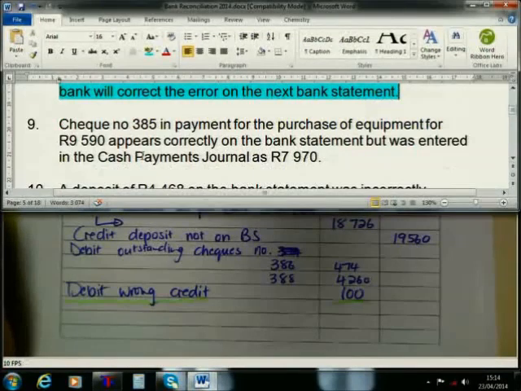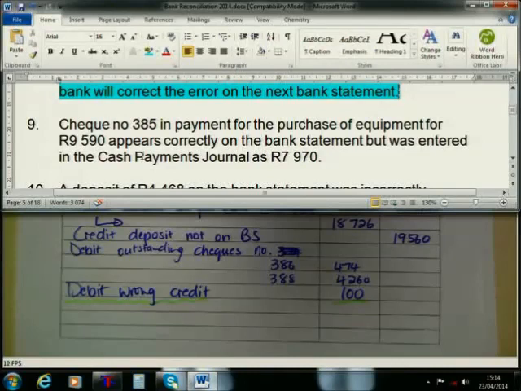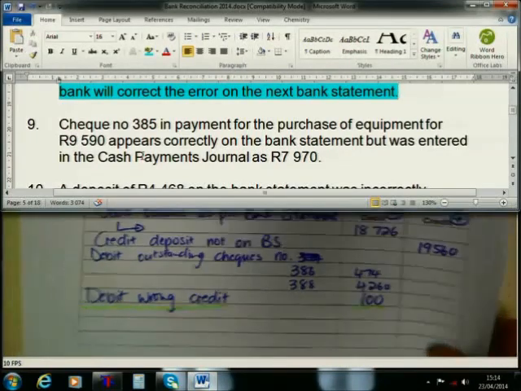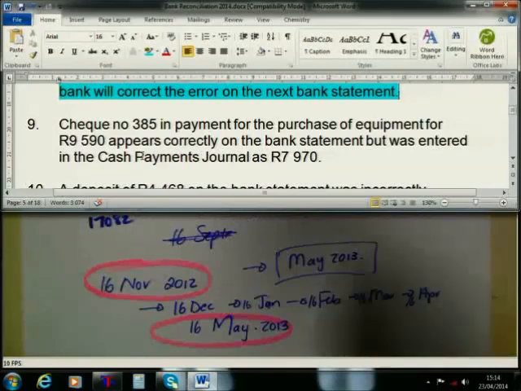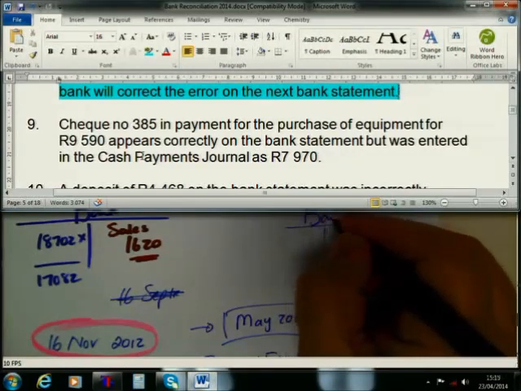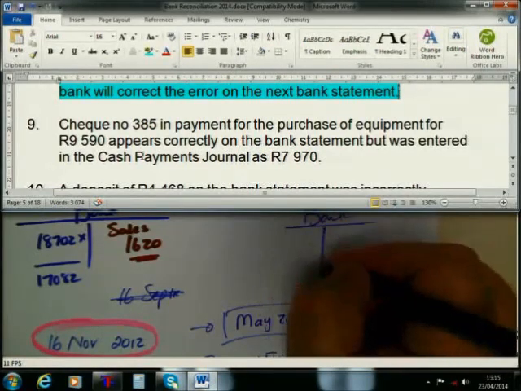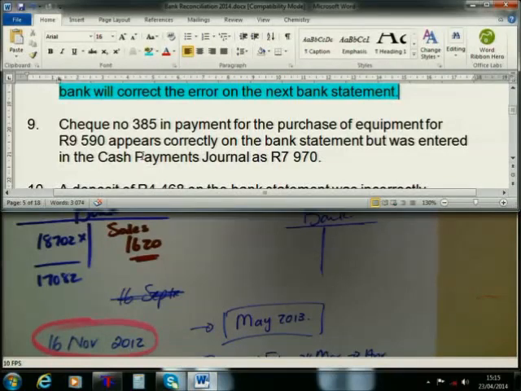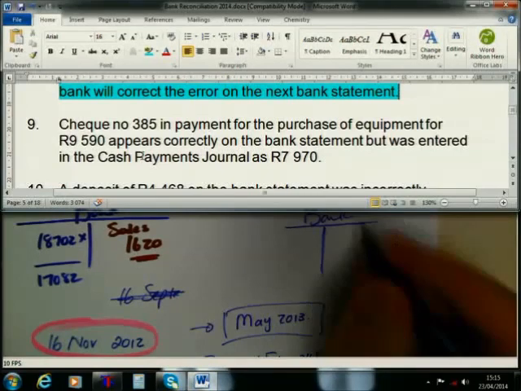Check number 385 in payment for the purchase of equipment for 5950 appears correctly on the bank statement but was entered in the cash payments journal as 7970.